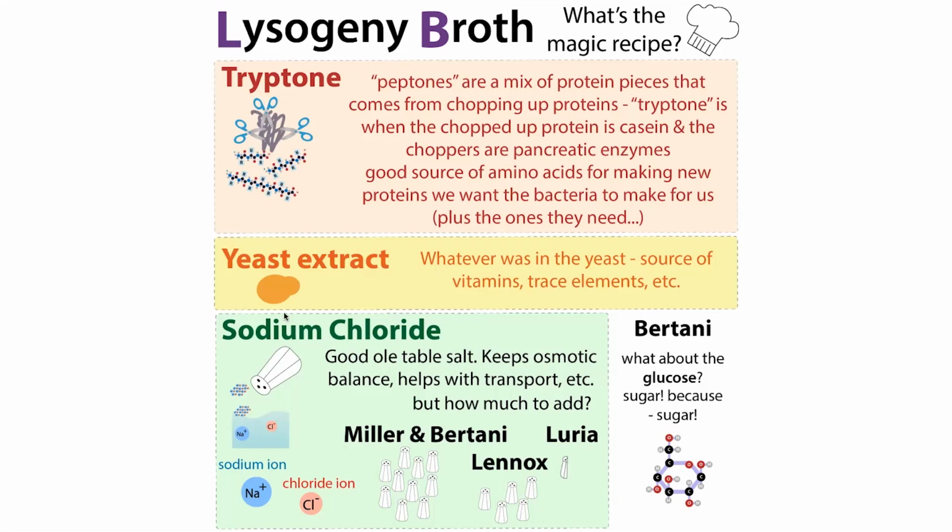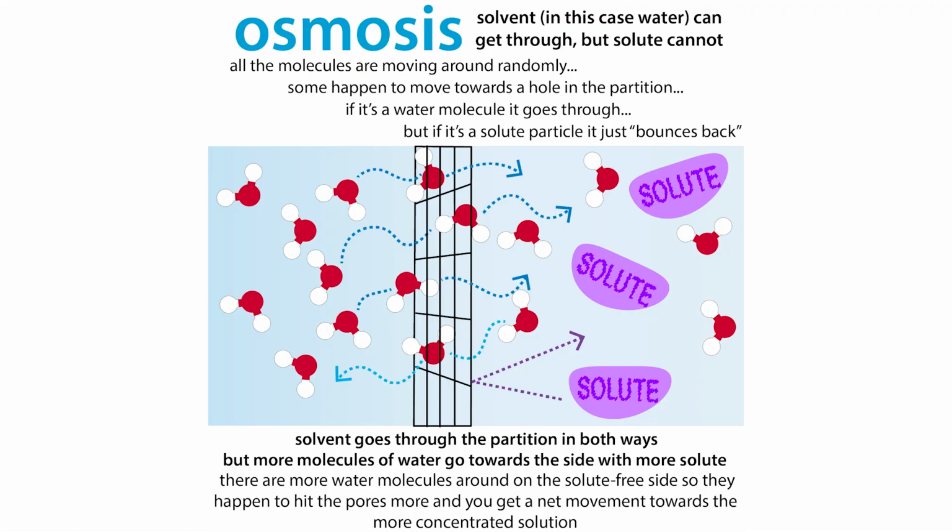Also, what we know that they're going to want is sodium chloride. And they don't need it just for themselves, but they also need it so that we can kind of keep their environment happy in terms of the osmotic balance. So how much water there is inside and outside of the cells.